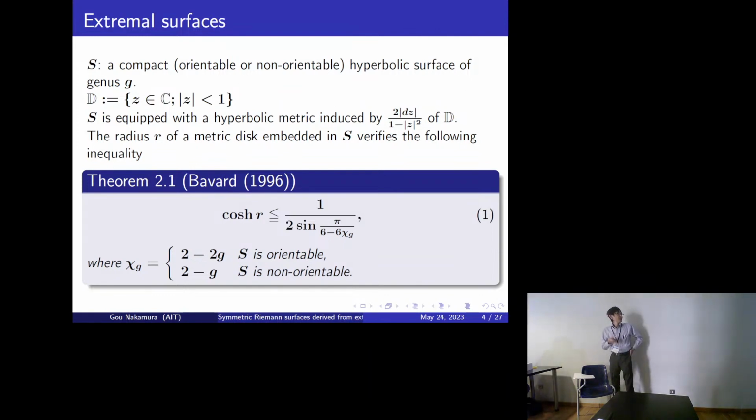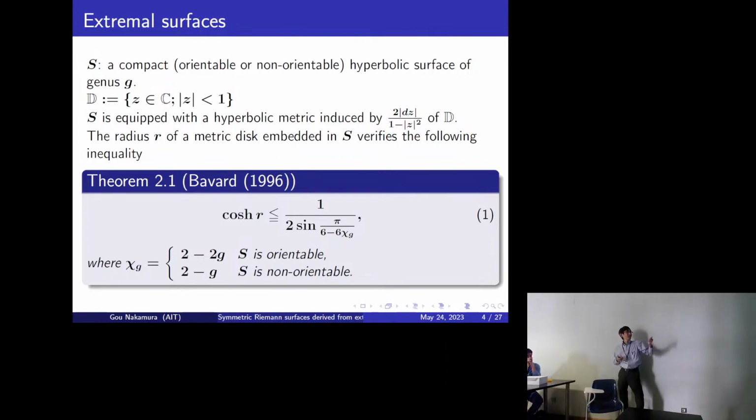So, the radius R of a metric disk embedded in S verifies the following inequality, which was shown by Bavard in 1996. So the inequality is like this. The hyperbolic sine of R is less than or equal to a certain number.